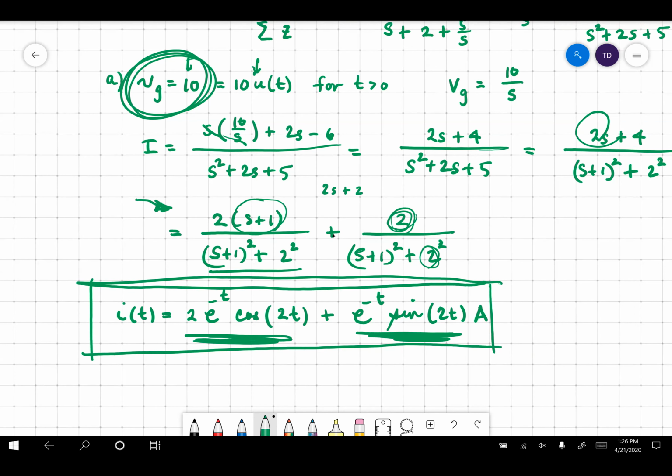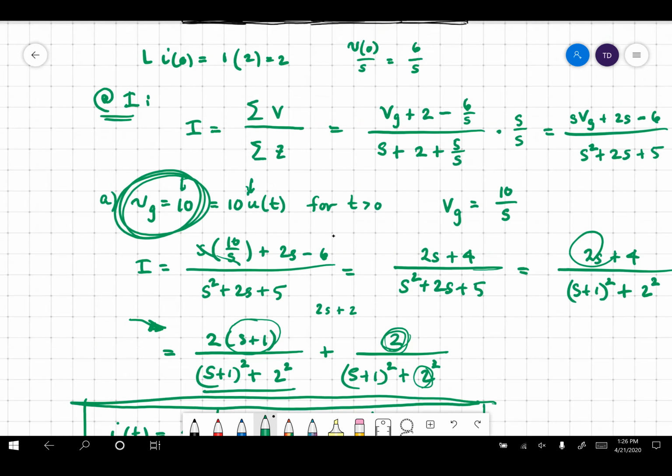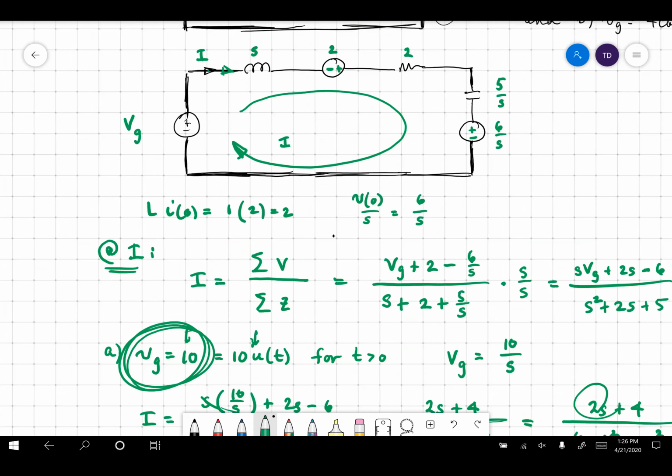Why not? Back here, when this is DC, what does this inductor look like to DC? What does that inductor look like at DC?